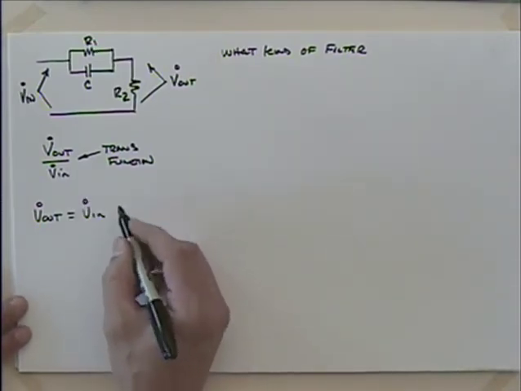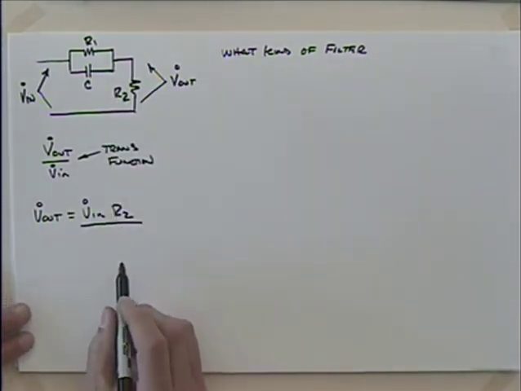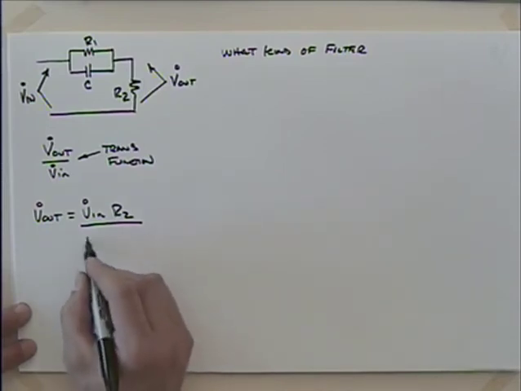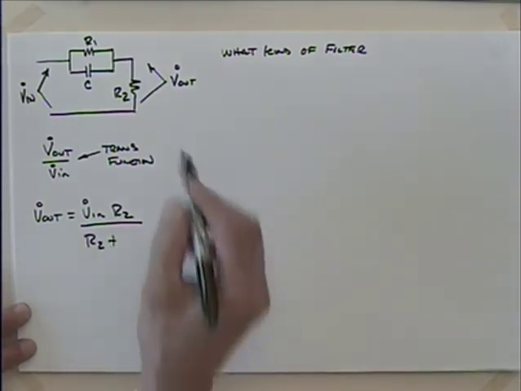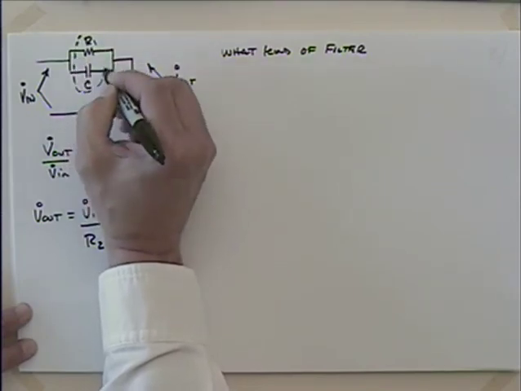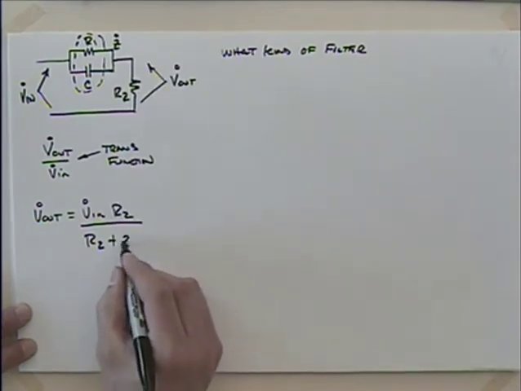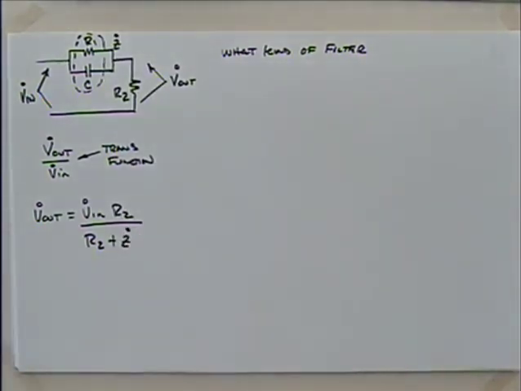We take the total voltage, we multiply by R2, and then divide by what? R2 plus, for a simplified sense here, let's just call that Z, okay? Is that fair enough?